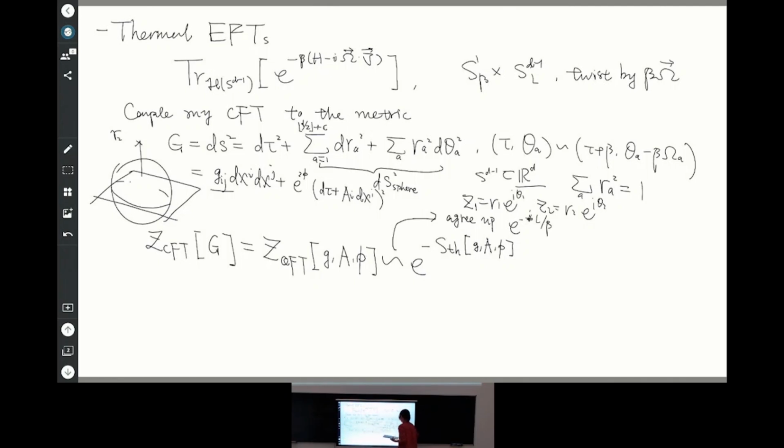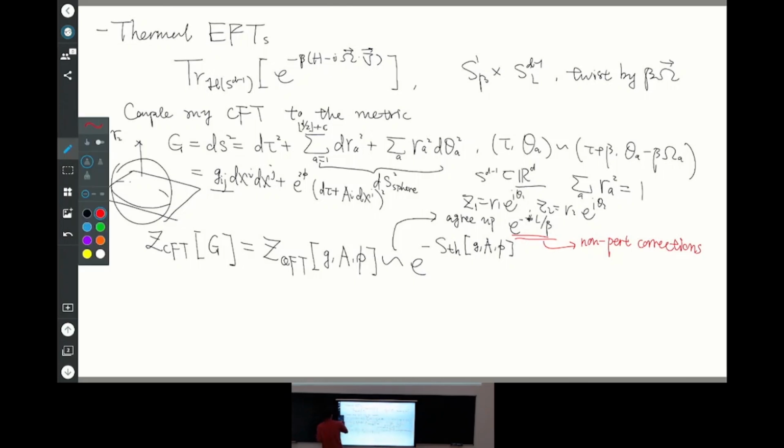So terms like this are what we call non-perturbative corrections. The nice thing about this effective action S thermal is that the terms in S thermal are highly constrained.